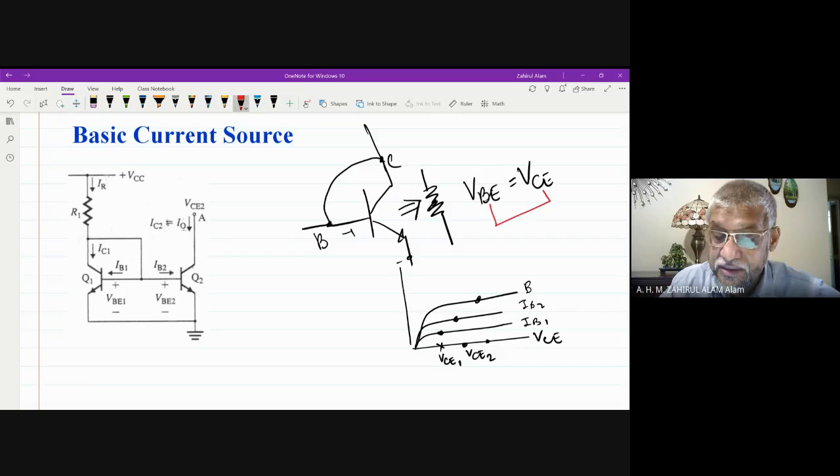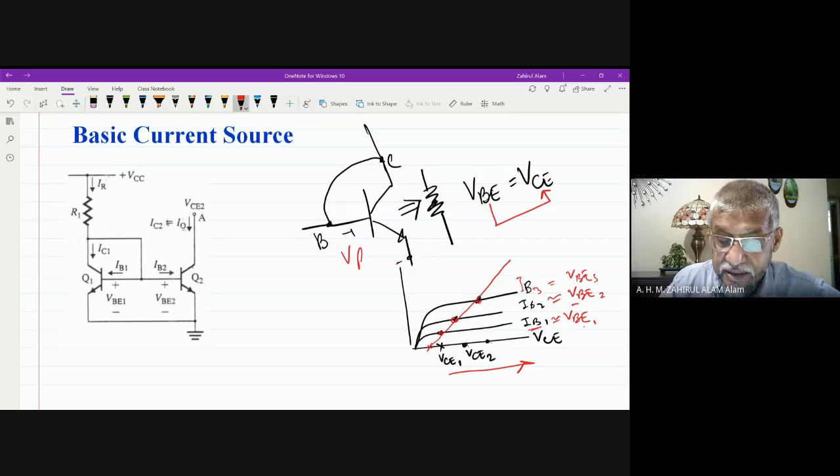When the base voltage increases, the base current increases. So when VCE increases, the base to emitter voltage increases, and the collector current also increases.